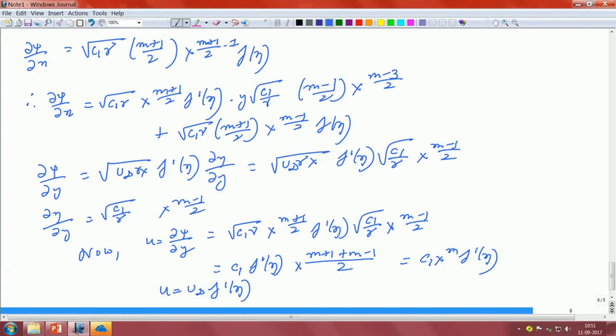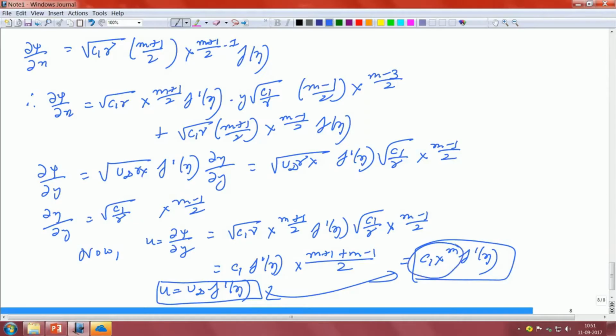So, you can see that it agrees with the expression we started with first in our previous approach. These two things are basically equivalent to each other, except that instead of a constant u infinity, now it is C1 x to the power of m.